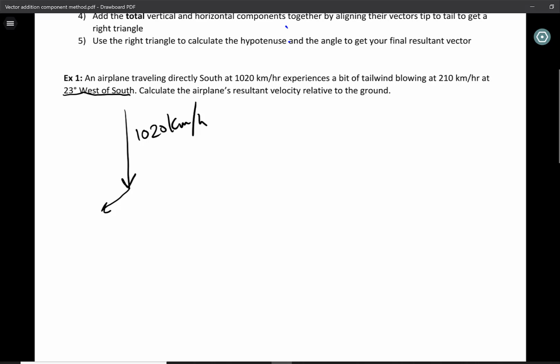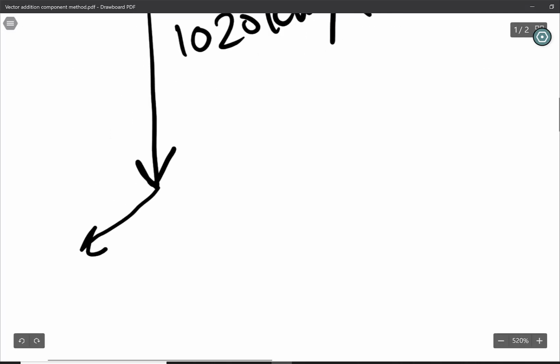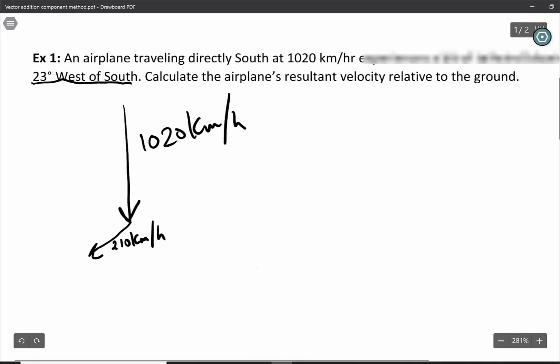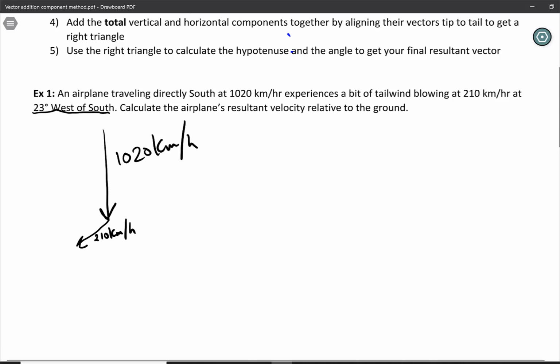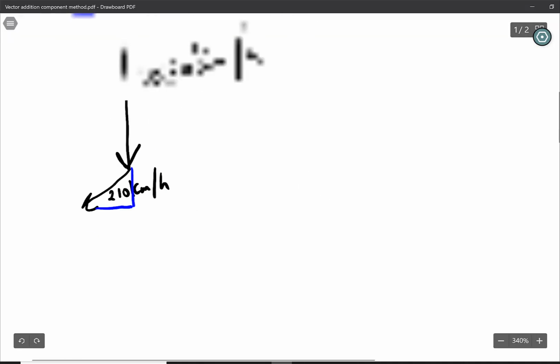Okay, so that is 210, and it's not that big compared to 1,020. So 210 kilometers an hour. And then how do you figure out which angle it is? We look at the directions, west of south, which means we've got to flip it around. We first go south and then we go west. Okay, so that's the angle. I'm sorry, it's a little bit tiny.